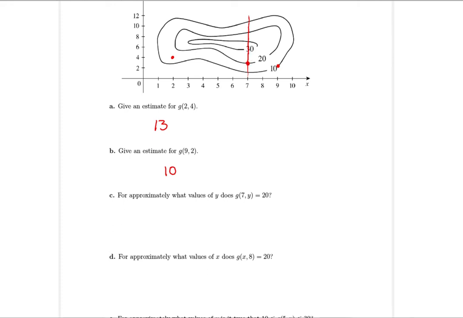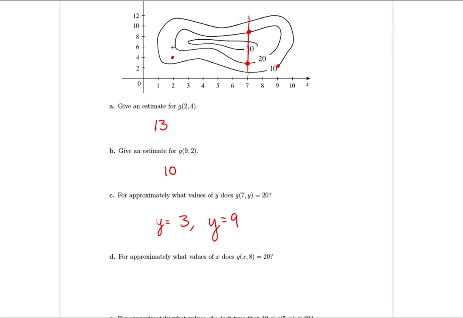That would be here and here. I can look over to the side, and that looks like it's probably about 3, and up here, let's call it 9. So I'm just following these over to the y-axis and seeing where those points are.